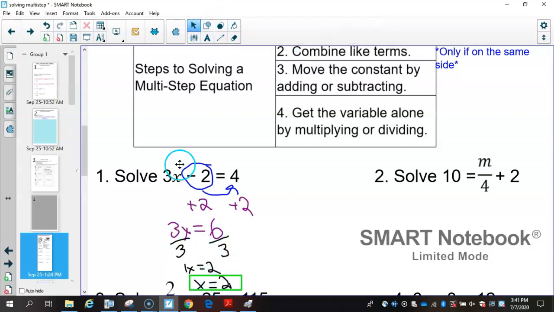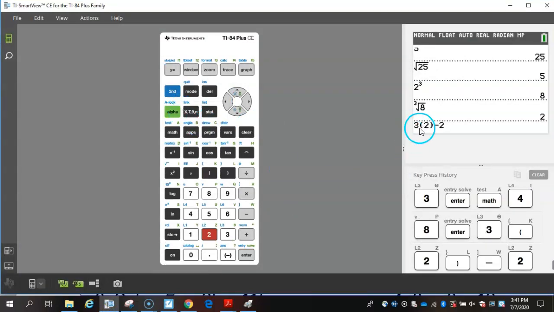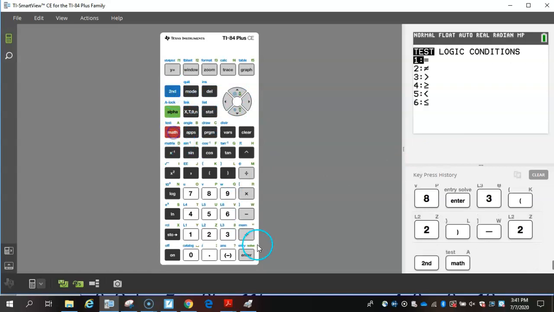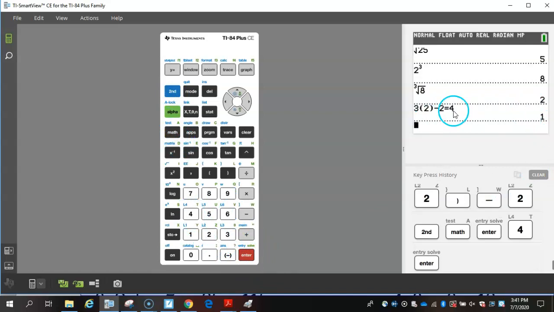So if I put 2 in for x, 3 times 2 is 6. 6 minus 2 is 4. 4 equals 4, so this is a solution. And I'm going to do it in the calculator. So 3 times 2 minus 2 is equal to 4. Gave me a 1. This is correct.